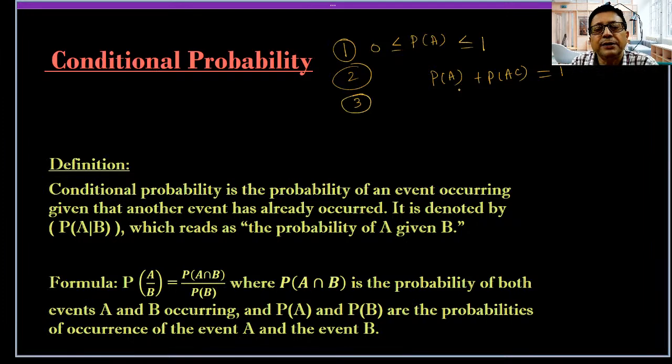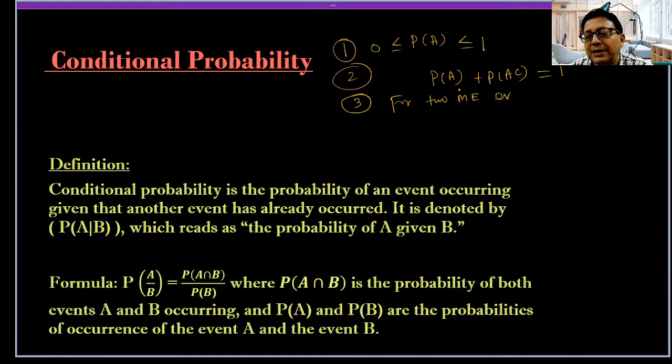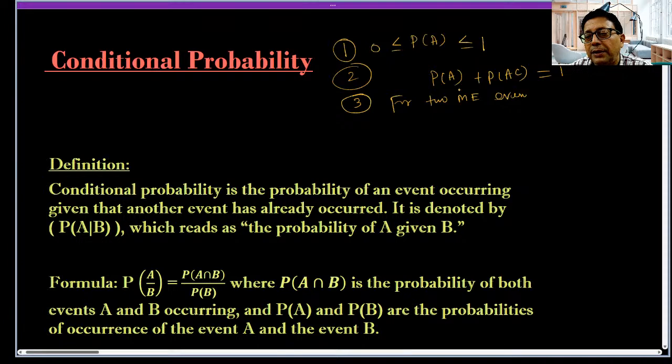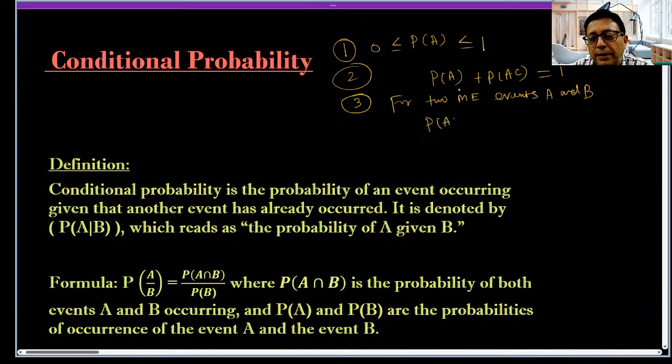And number 3, for two mutually exclusive events, I am writing ME events, A and B, P(A union B) equals P(A) plus P(B).